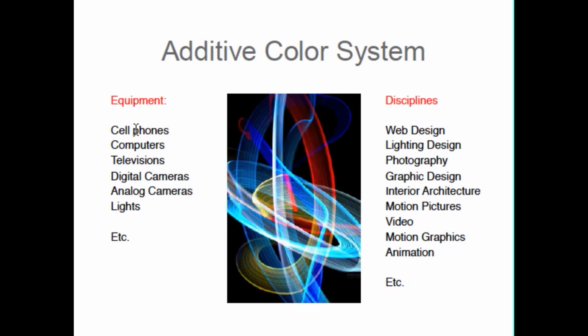Anything that is displayed on a computer display deals with light. So additive is all around us, and as designers we need to understand the additive and its relationship to the subtractive in order to start understanding what color is all about and how to use it as designers.